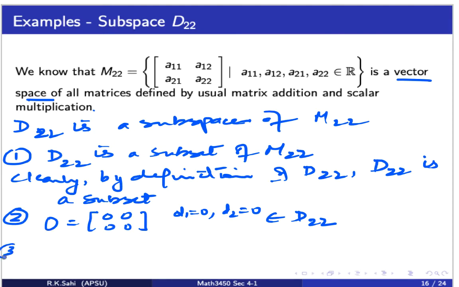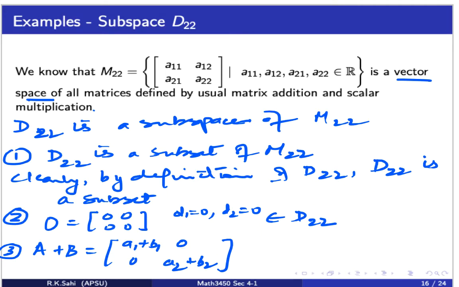Third, let's say matrices A and B belong to D22. What is A plus B? It's a1 plus b1, 0, 0, a2 plus b2. That's how it is defined. Clearly, we notice that a1 and b1 and a2 and b2, we have to look at whether it looks like a D22 element. Yes, because this is 0 and this is 0.